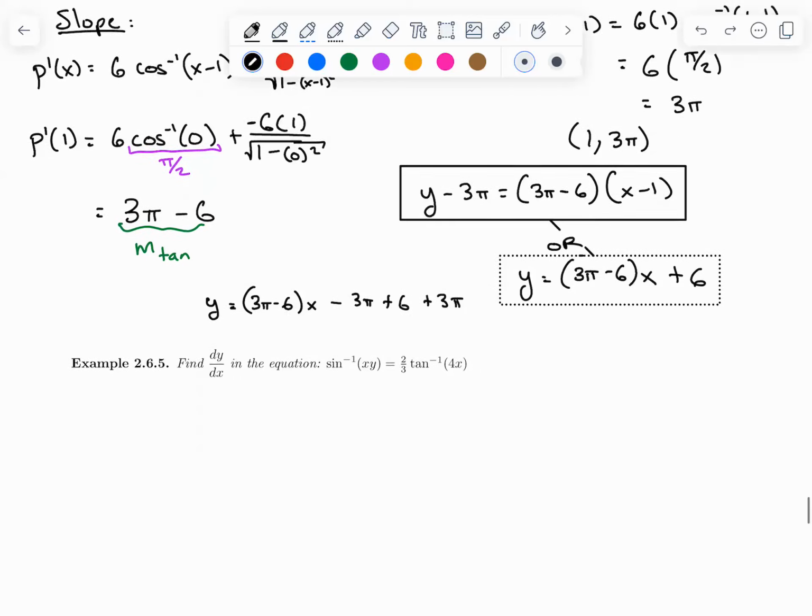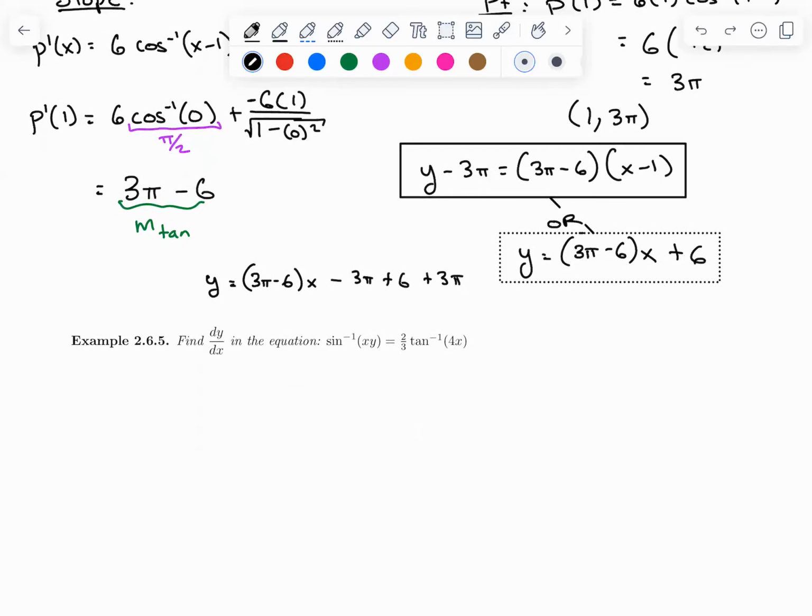All right, last one is you can still do implicit differentiation with all this stuff. So we're going to d/dx both sides. Derivative of sine inverse. This is where I'm going to take a little bit of a slow step and write more details.